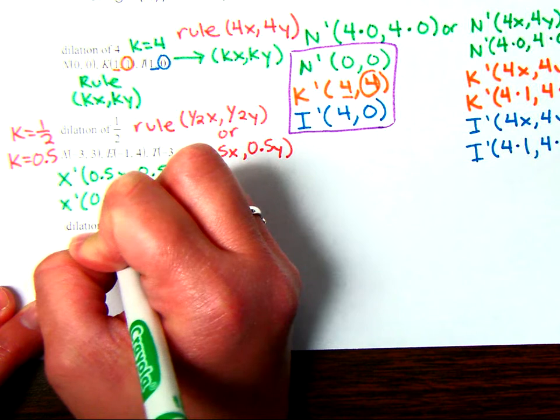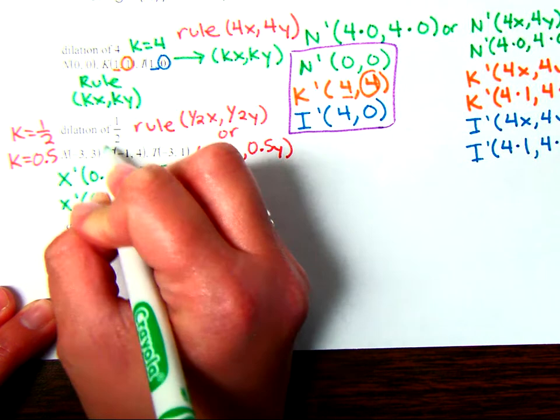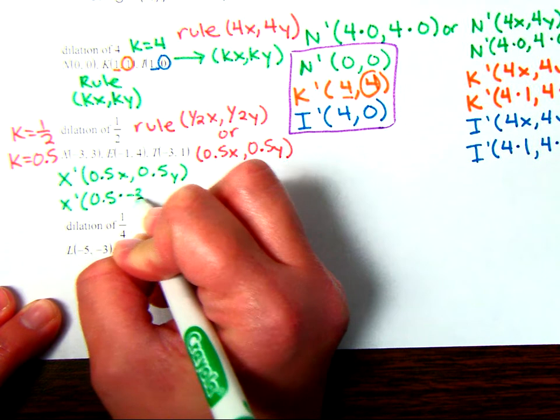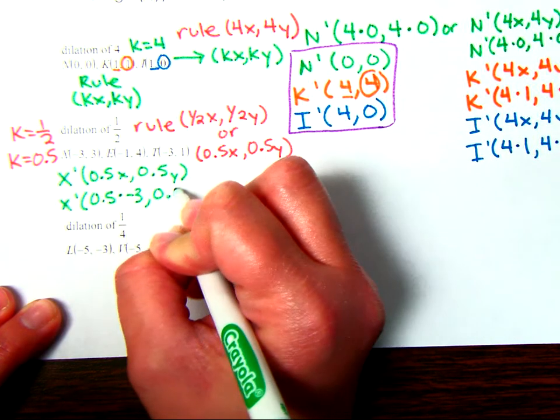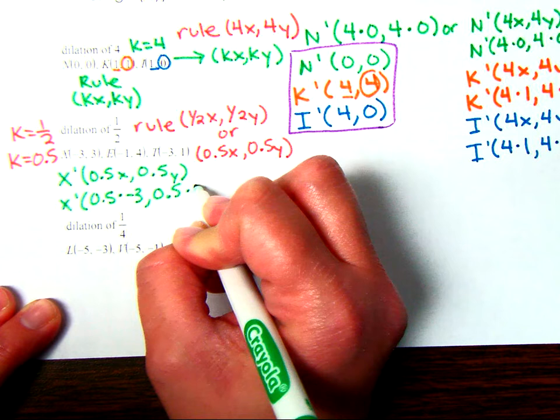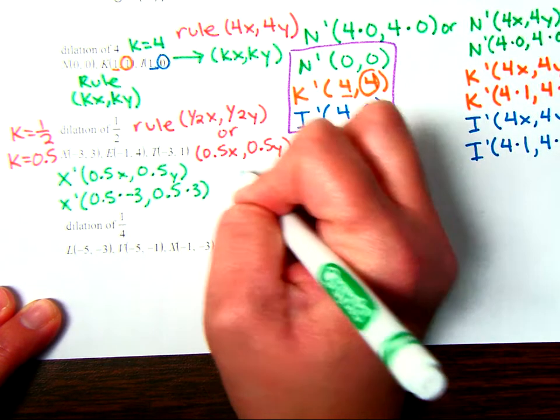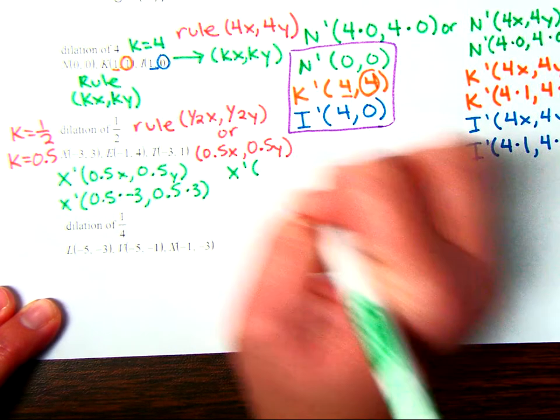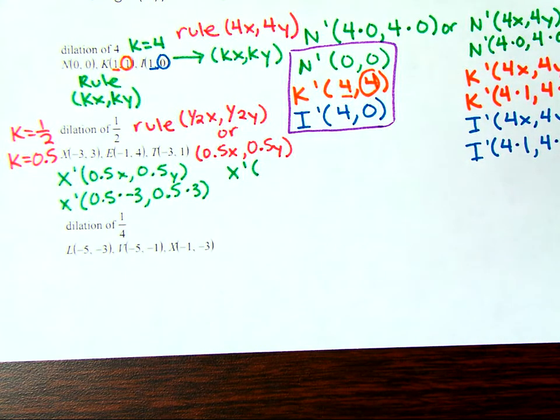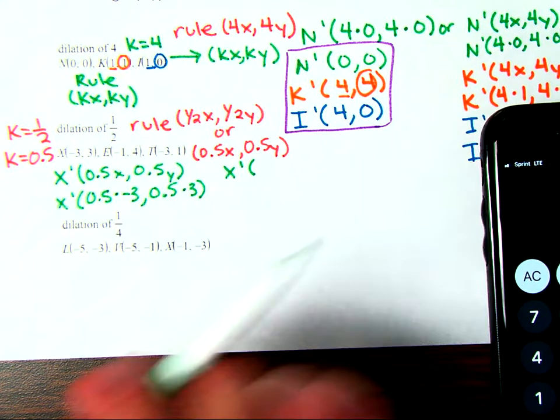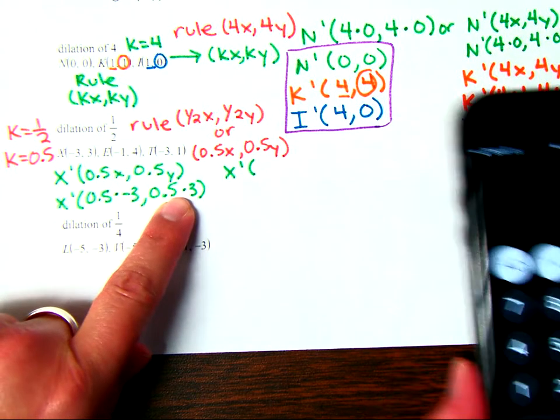So 1/2 times my original x was -3 and 5/10 times 3. So that's going to yield x prime. Again, we can use our calculators if needed, or you can just think about what half of 3 is, right? Half of 3, think about money.